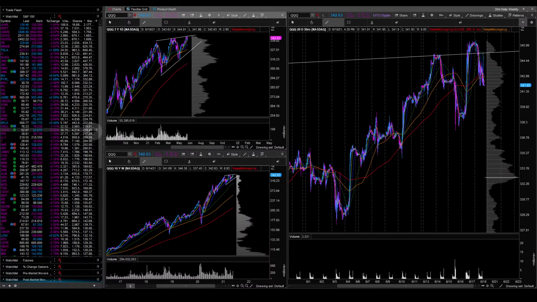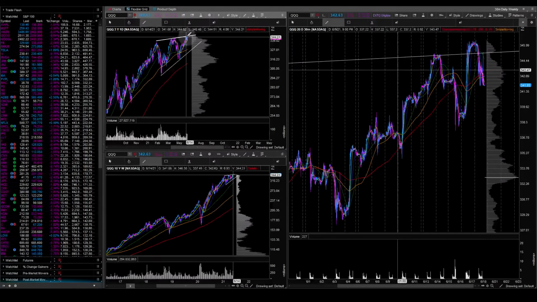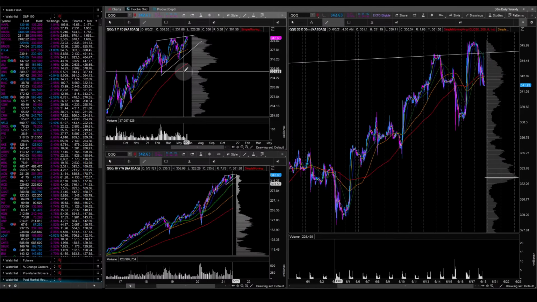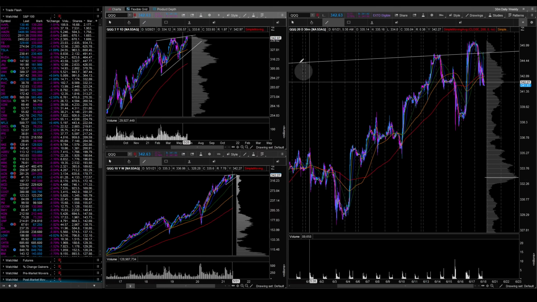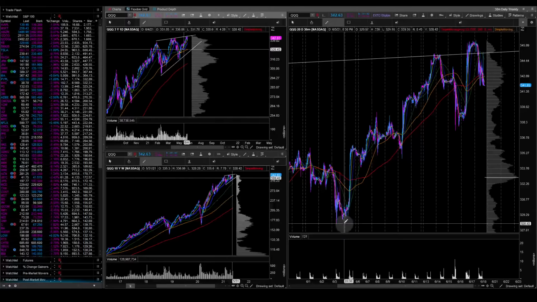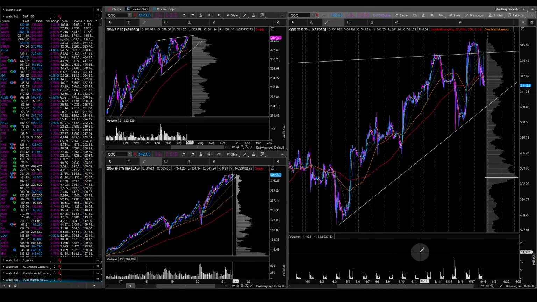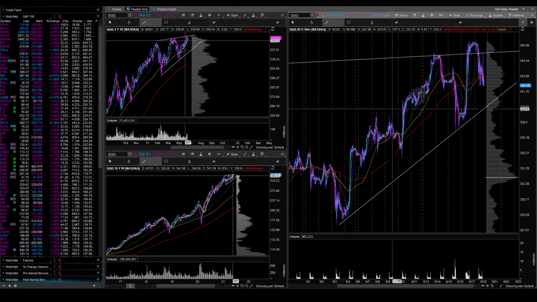So did we violate it? A little bit, yeah. So if it comes down off of this, it'd be sort of a failed breakout look. But with the QQQ, it's nothing terrible. This is the 30-minute chart. It still looks just fine.